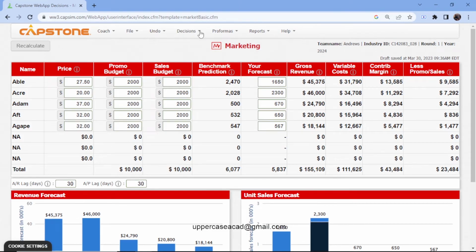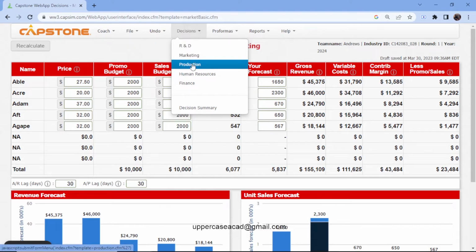The next step is my production, so that I can get the number of units that I can produce.